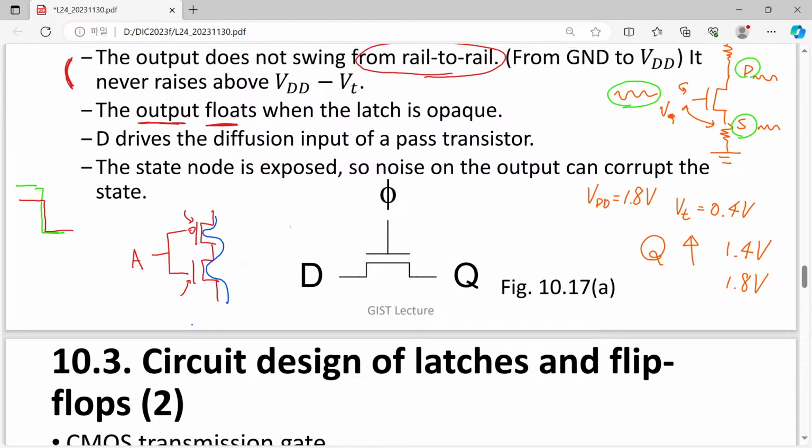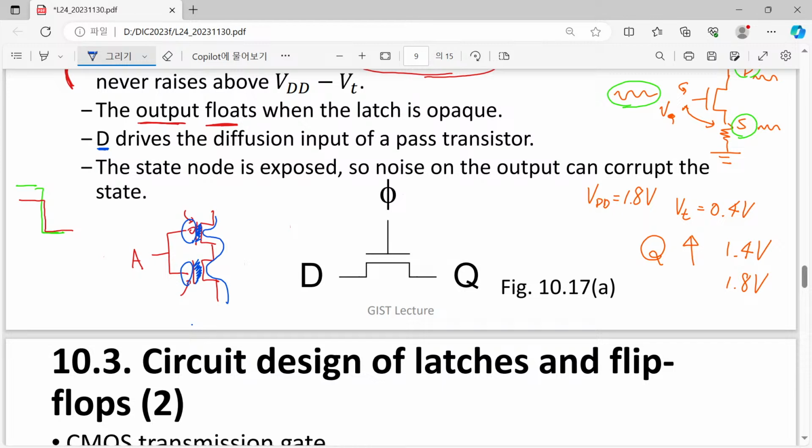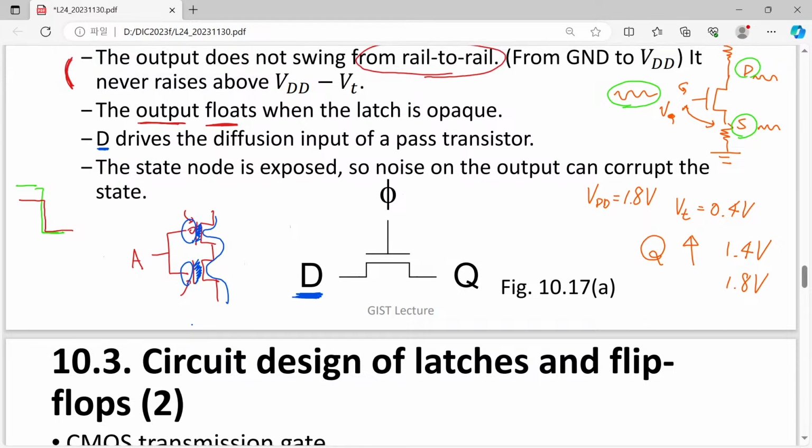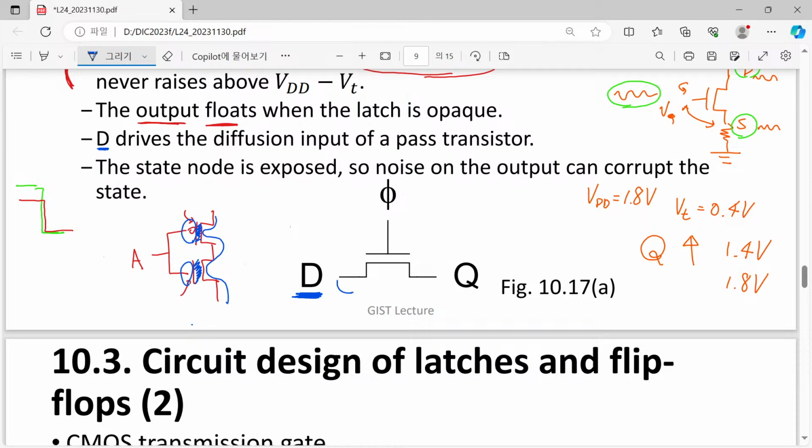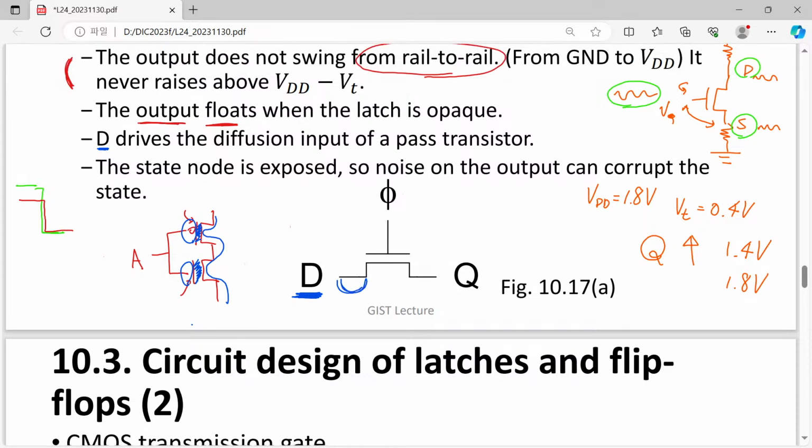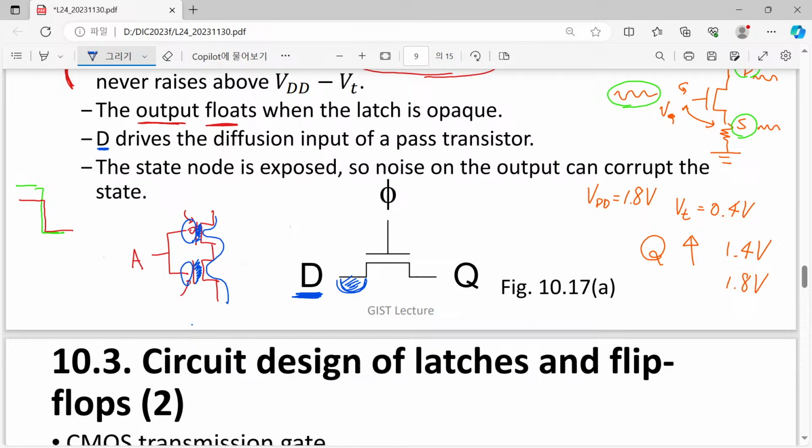They are isolated by the gate insulator. However, in this case, our data signal is connected to what? Connected to our diffusion region, actually the N plus region. So it generates some problem.